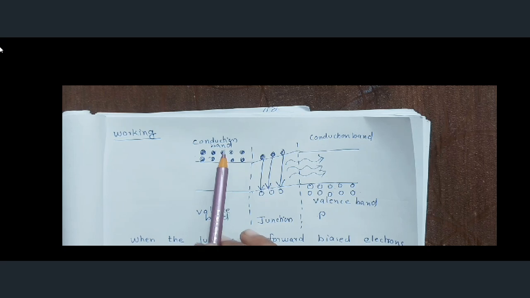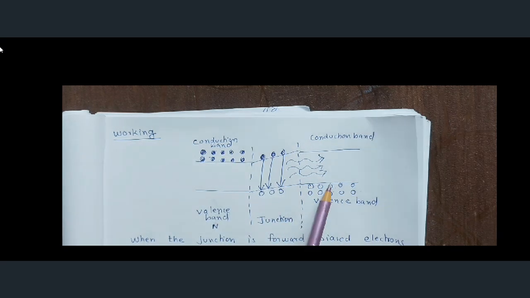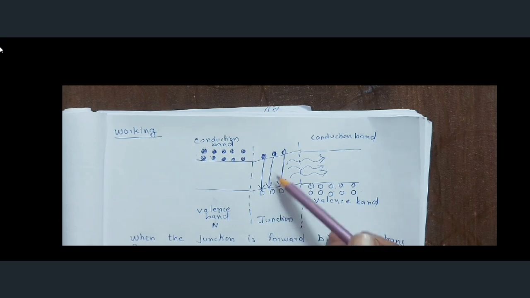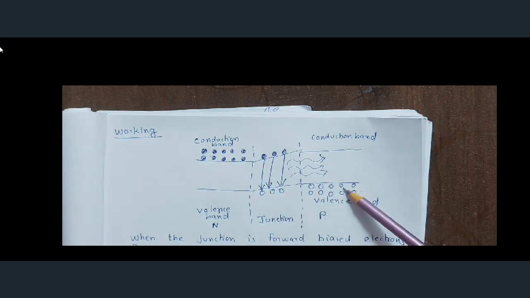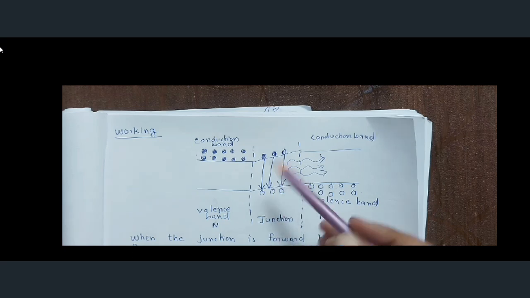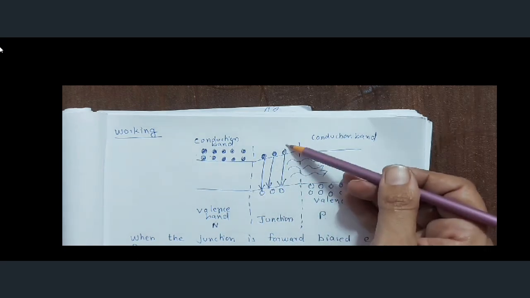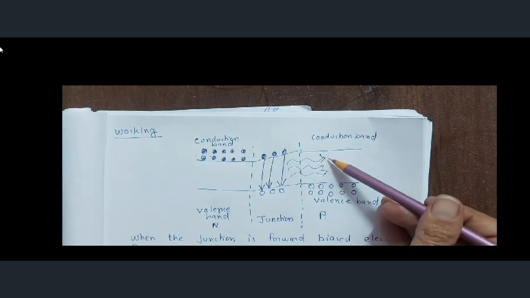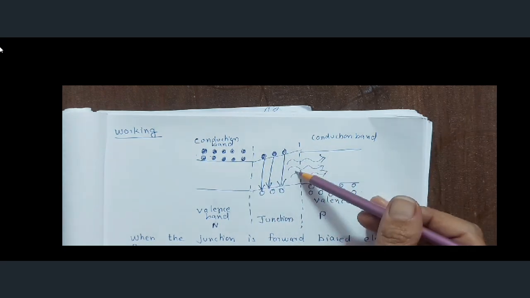At the same time, this is P type, meaning more holes. As forward biasing increases, more holes will be injected into the junction. As a result the number of holes in this portion is more compared to the ground state and the previous state, and population inversion is achieved. As population inversion is achieved, electrons and holes recombine, and in recombination one photon is given out, and this is spontaneous emission.